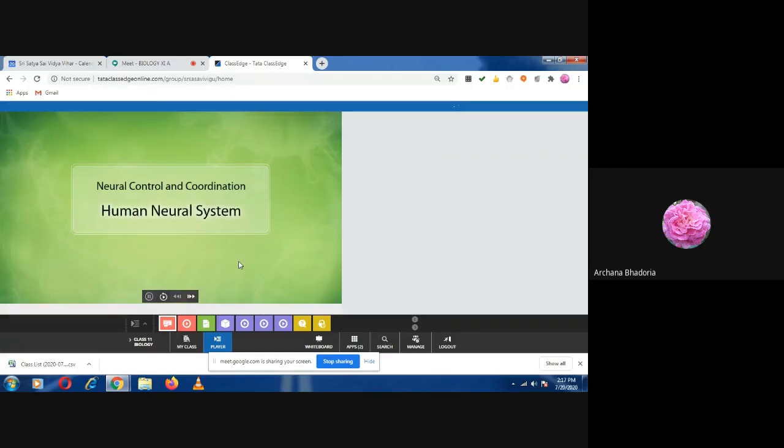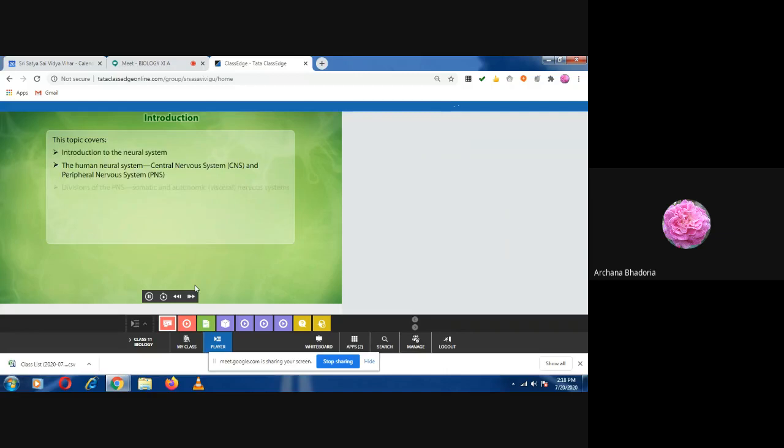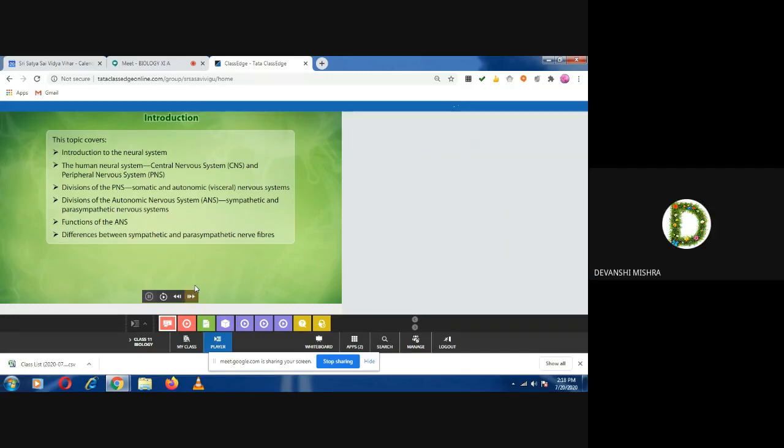Nerve fibers or nerves, you write down. Okay. So the first component is the brain, the second component the spinal cord, and the third component nerves. Devanshi, keep noting the things whatever we are discussing here in the class.